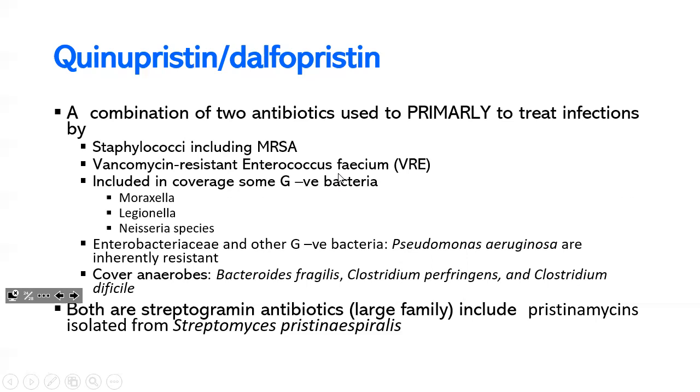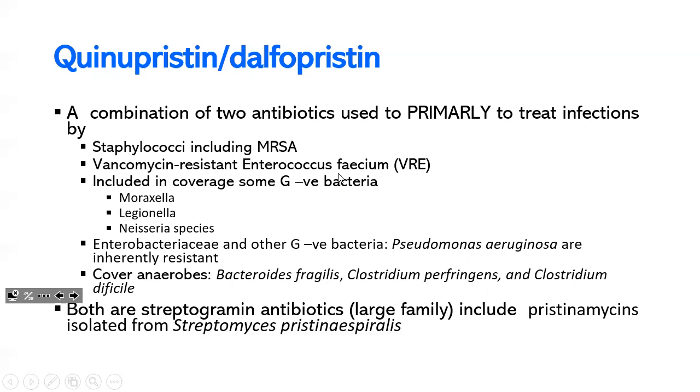It cannot be used to treat any of the Enterobacteriaceae group, except for Moraxella catarrhalis. Pseudomonas and the coliform microbes, E. coli and Klebsiella pneumoniae, and some Proteus species, what we call the coliform species, are not covered by quinupristin-dalfopristin.